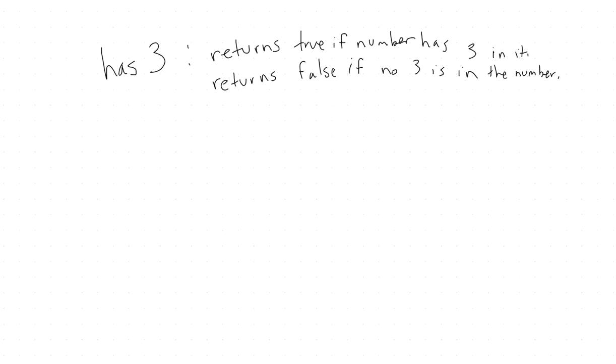Okay, an example. I'm going to use an example argument that might get passed into this function: 4, 5, 7, 2. While you as a person can look at this and see that there is no 3 in it, the computer can only look at it 1 digit at a time.